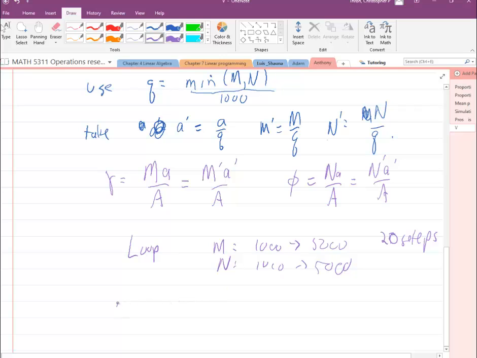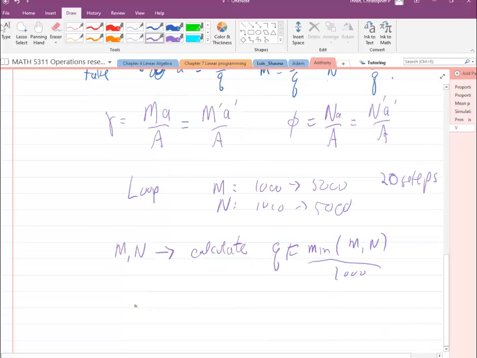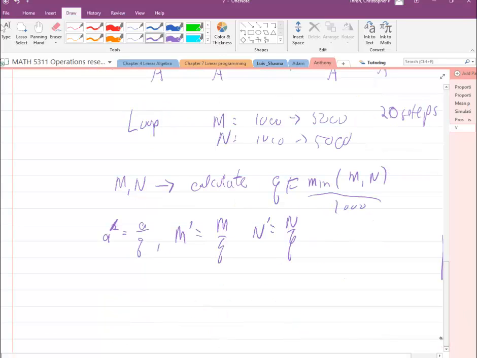So for each value of M and N, I'm not going to use M and N. I'll calculate Q equals the minimum of M and N over 1,000. And then I will take A prime equals A over Q, M prime equals M over Q, and N prime equals N over Q. And I'll run the simulation with big A equals 1.